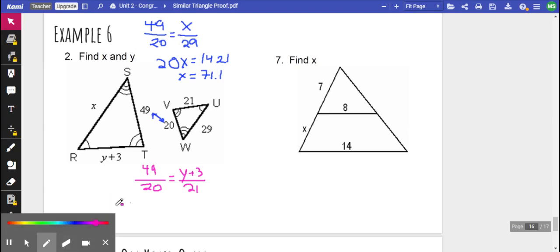Just like before in our other problem earlier, we get 49 times 21 and 20 times y plus 3. So we have 20y, and then we have to do 20 times the 3 to make 60. And that's going to be equal to 49 times 21, which equals 1029.